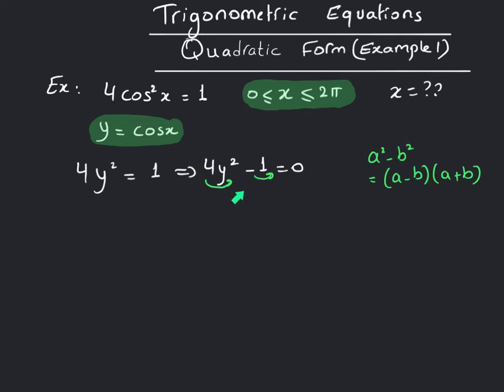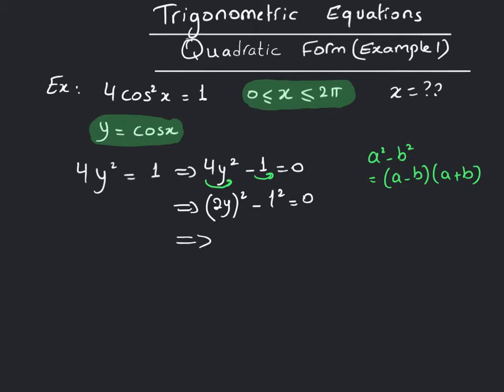So I have this form. Let's write it. This 4y squared is a squared. I have to write it as a squared. It will be 2y squared minus 1 squared equals 0.